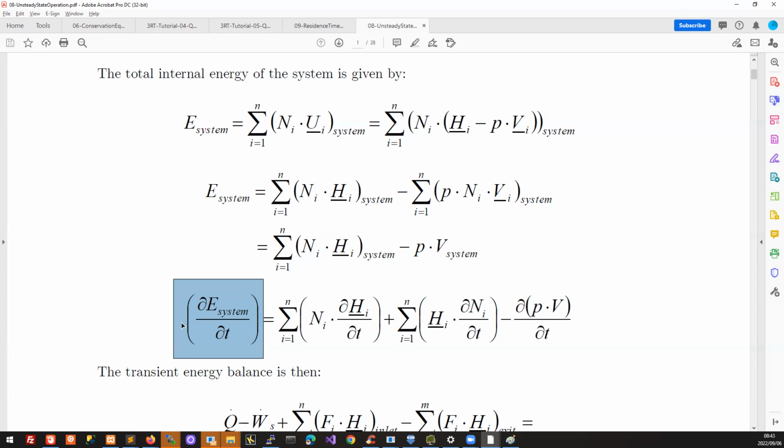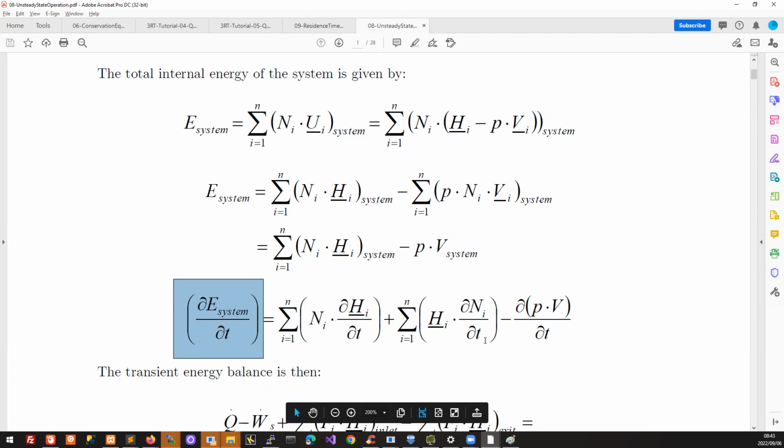If we are interested in the rate of change of the energy, given that the number of moles may be changing due to reaction, and the enthalpy is also generally changing because the temperature may be changing, then both these are temperature functions. So when we differentiate this, we have to use our product rule for differentiation. So Ni dhi/dt plus hi dNi/dt, right?